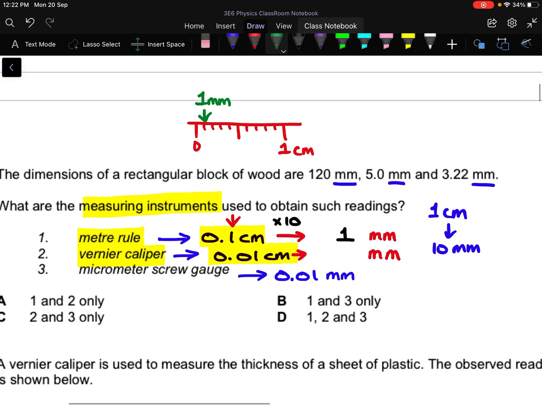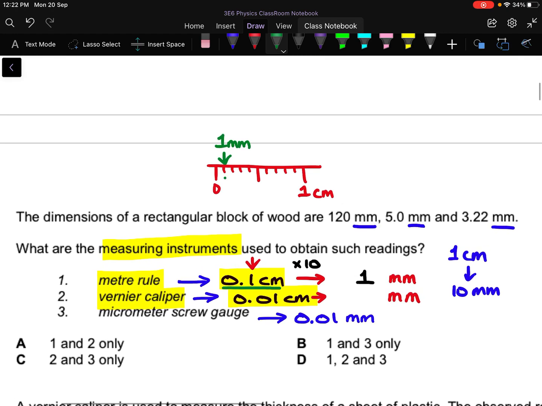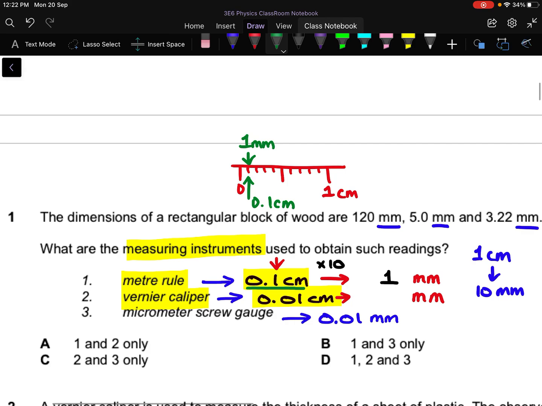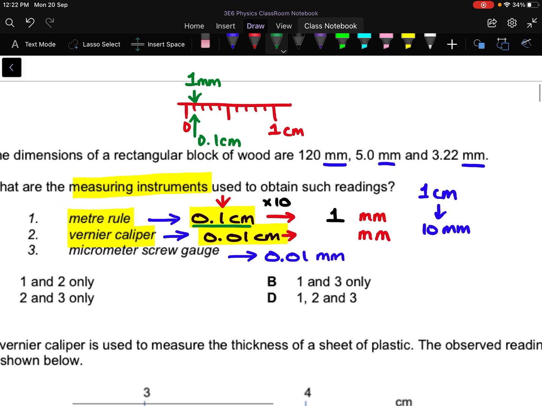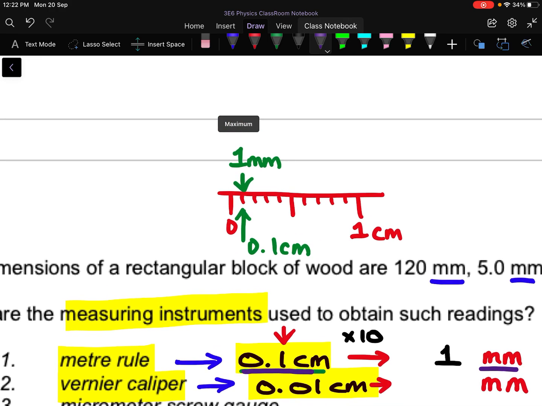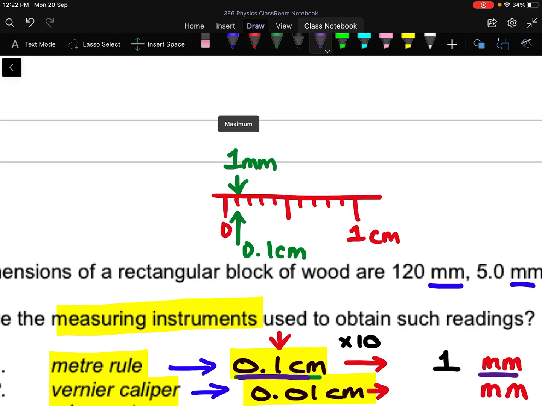So because of that, we say that for the meter rule, the precision is 0.1 cm because this is the smallest interval that you can obtain using the equipment. So because of that, when you change the unit from cm into mm, the amount of precision will not change, right? You are just simply changing the unit. You are not improving the scale of the instrument.